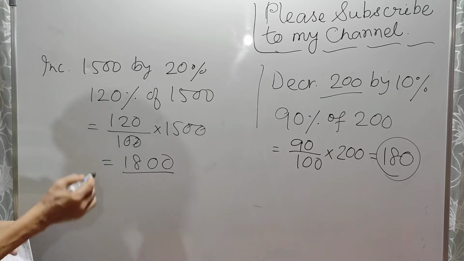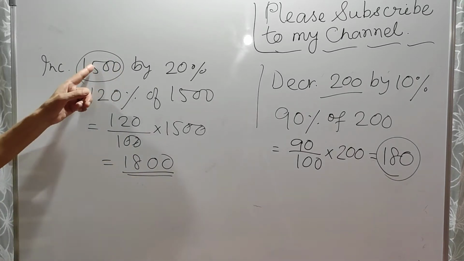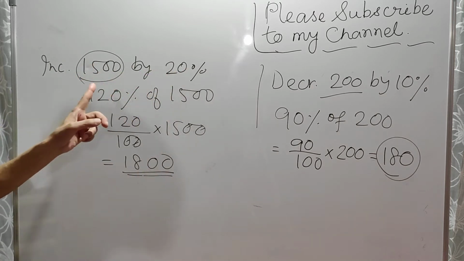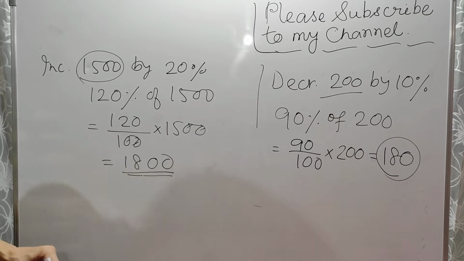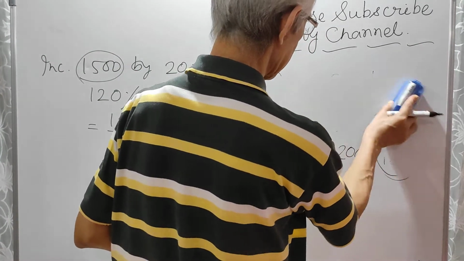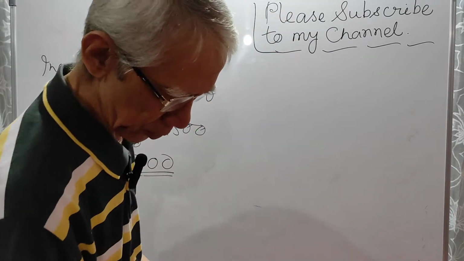Yes, you see, now 1500 has increased to 1800, increased by 20%. So you find 120% of 1500. Now suppose the same 1500 we want to decrease by 20%. Let us see. So increase and decrease, opposite.